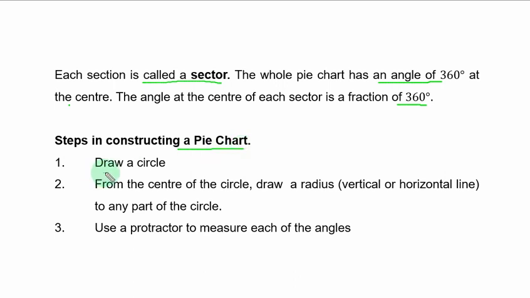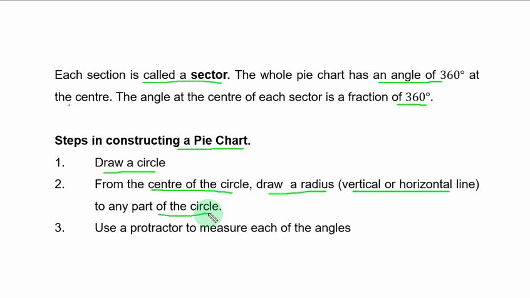Step 1, draw a circle. Step 2, from the center of the circle, draw a radius, vertical or horizontal line to any part of the circle. A radius is that line that runs from the center of the circle to any part of the circumference.